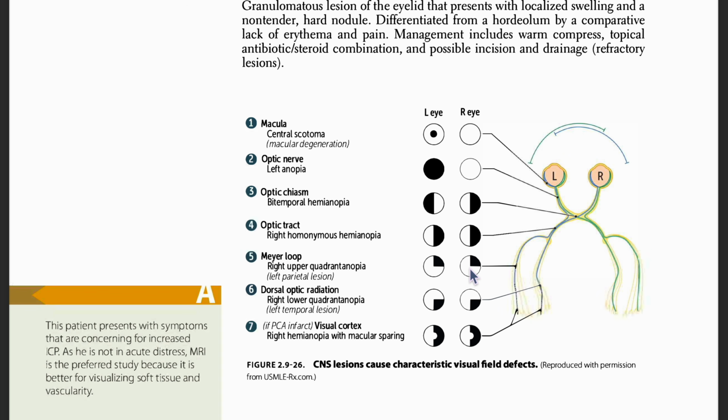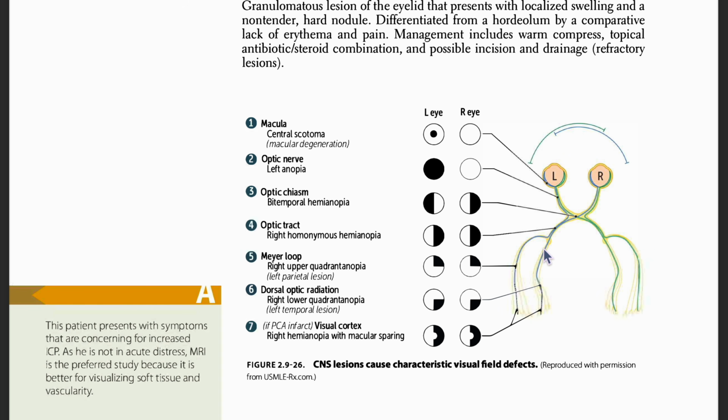Number 5 is Meyer loop. This is a left parietal lesion. Okay, so again, we're on the left side, so it's going to be on the right. And I remember, like, if it's lower, then you get the upper.